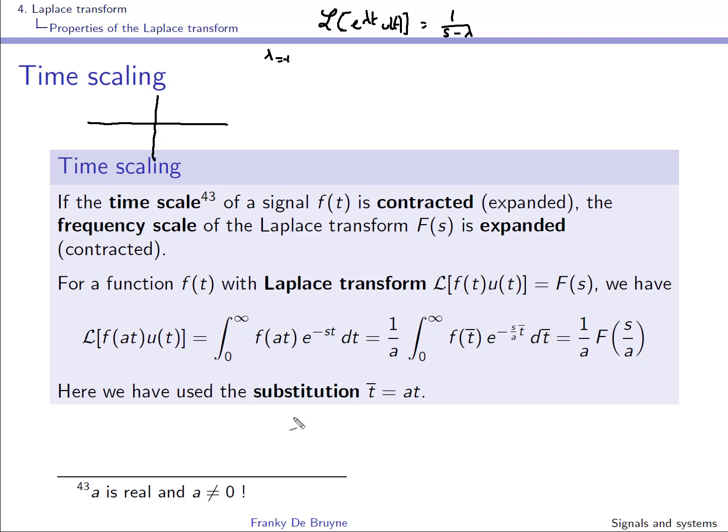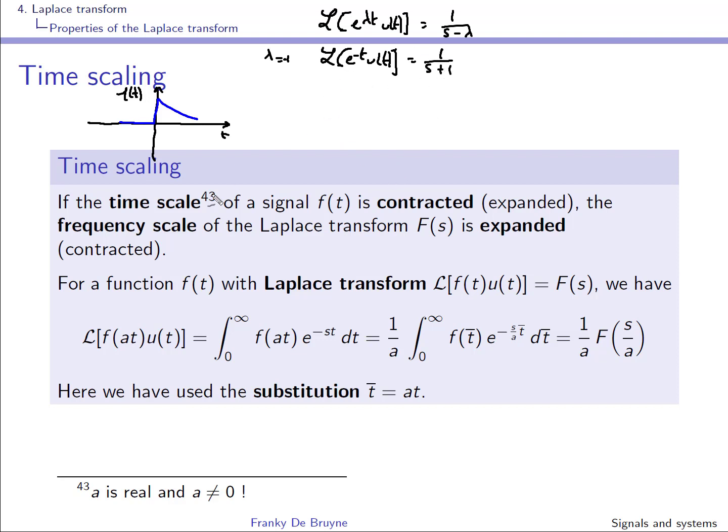The resulting function, we can draw it, and it looks like this. So this is t and this is f of t. And the Laplace transform of e to the minus t u(t) is 1 over s plus 1.